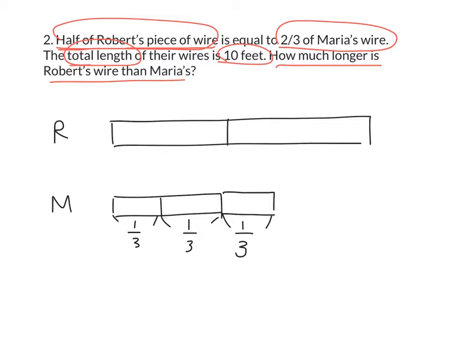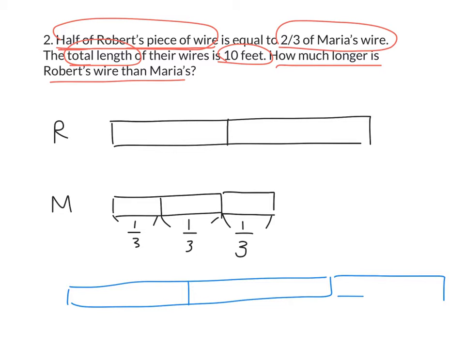Okay. And it tells me that the total length is 10 feet. So how can I show in my tape diagram that the total length is 10 feet? Well, what if I draw another one where I show Robert's wire and Maria's wire, right?